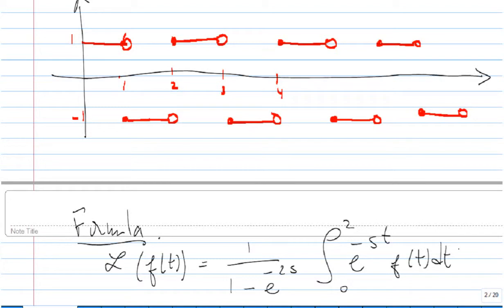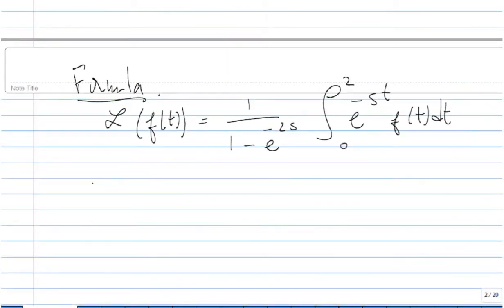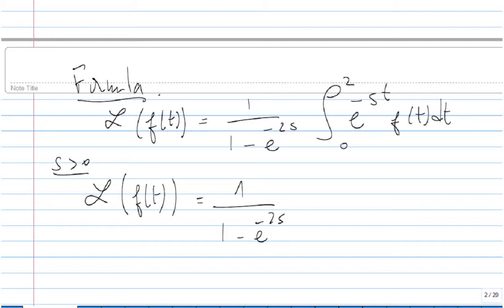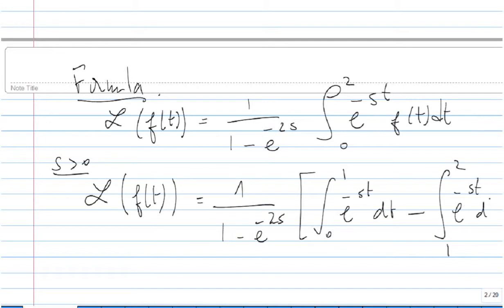If we use this formula, we get that the Laplace of f of t, for s positive, is equal to 1 over 1 minus e minus 2s, times the integral from 0 to 1 of e minus st dt. Why? Because between 0 and 1, f of t is equal to 1, and minus the integral from 1 to 2 of e minus st dt. And the minus because f of t is equal to minus 1 between 1 and 2.